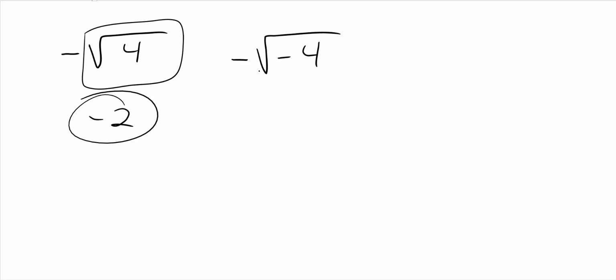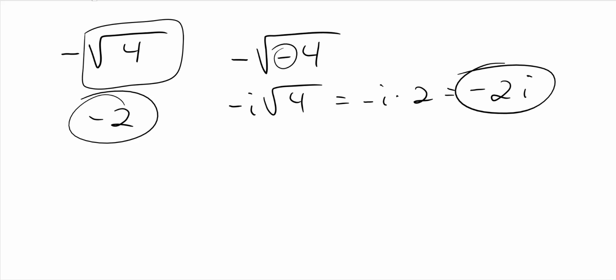So please don't cancel the negatives out. You need to, right away, as soon as you see that, pull an i out. And that negative stays there. So negative i, square root of 4. The square root of 4 is 2. So negative i times 2 is -2i. So this negative here, don't make an issue of it. It's just kind of hanging out there. It's just kind of part of the problem. Okay?